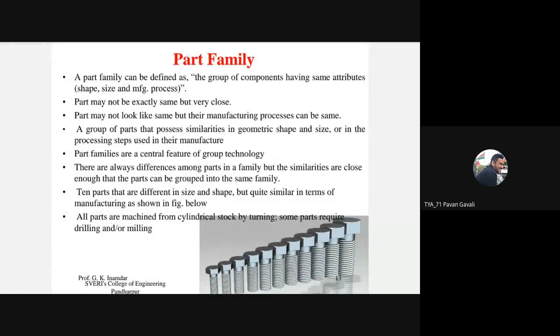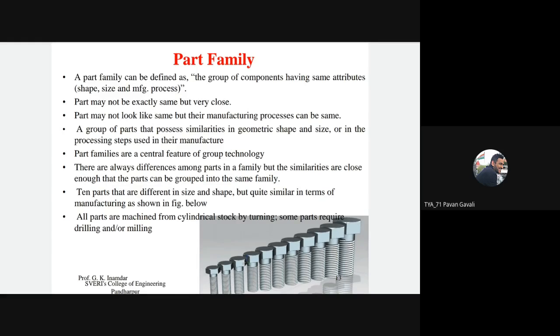If you consider a four-wheeler, about 3,500 components are there. In a two-wheeler also, about 1,000 components are there. After assembly of all these components, your vehicle will be ready.